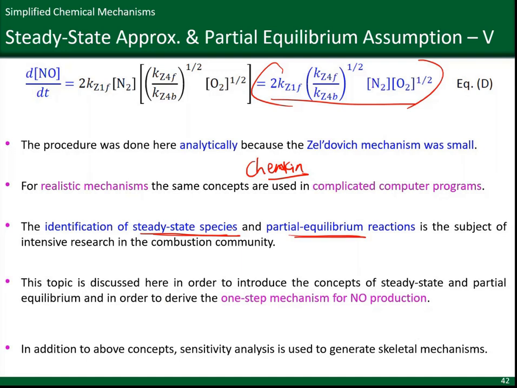You have to identify which reactions behave almost like they're under equilibrium. Once you're able to do that, you can reduce any given mechanism and come up with smaller ones. It's not trivial, of course. It requires practice, but this is essentially how it's done.